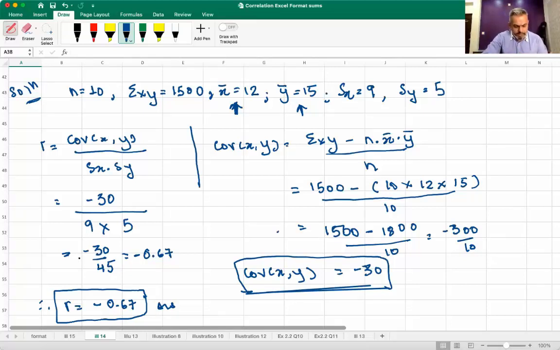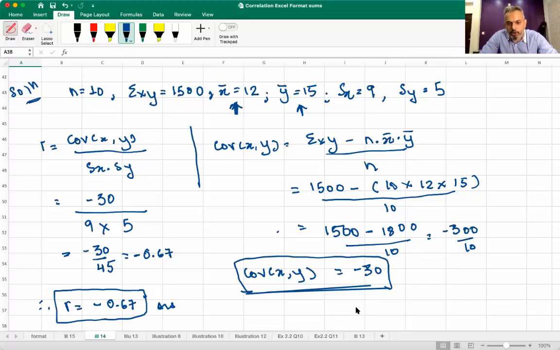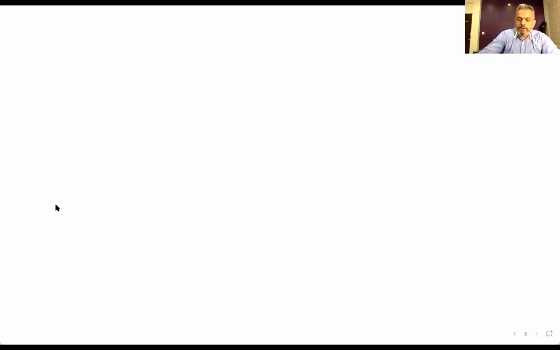Page number 85, question number 12. Start doing it on your own. Now, in question number 12, n is equal to 10.